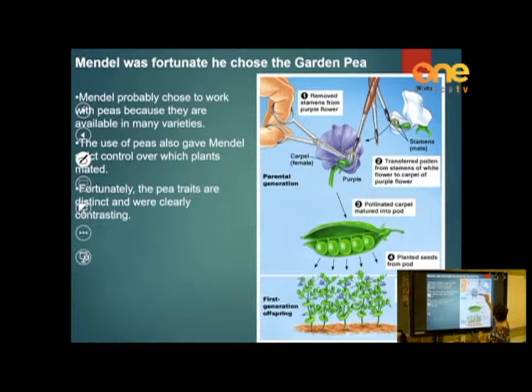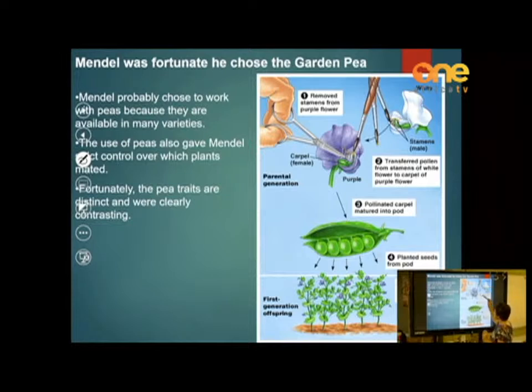He took pollen from the white flowers and transferred it with delicate equipment, and he put it on the purple ones.